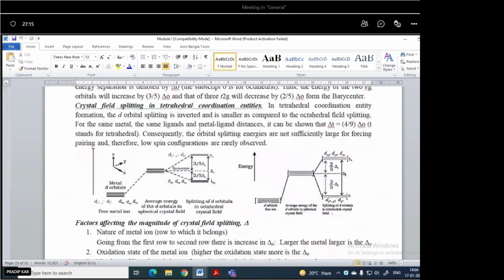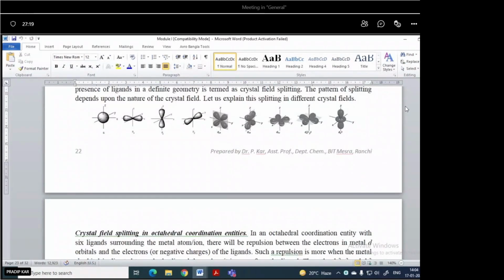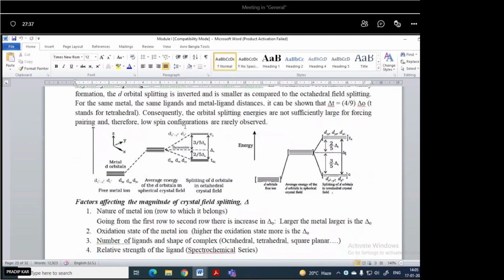Here you can see that dx² and dz² orbitals have lobes along the axis, and the ligand is also approaching along this axis. That is why the interaction is more, and that is why those are placed in higher energy.